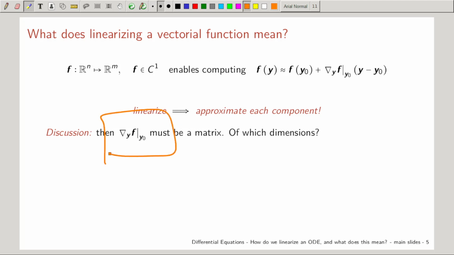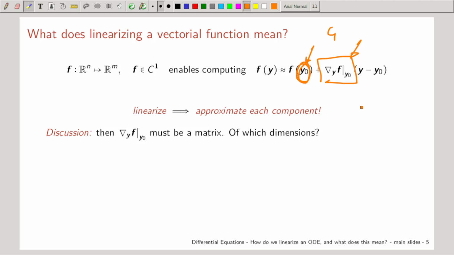I need to have a matrix. Let's make an example. If I have a function whose input y0 is a vector of dimension 4, the derivative is going to be a matrix of dimensions 4 times 4.